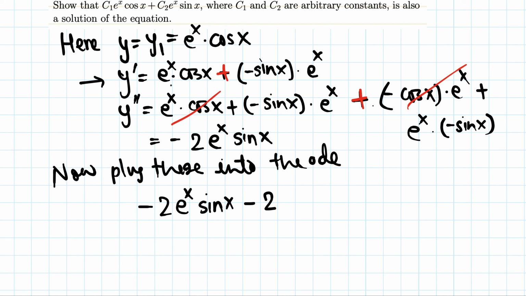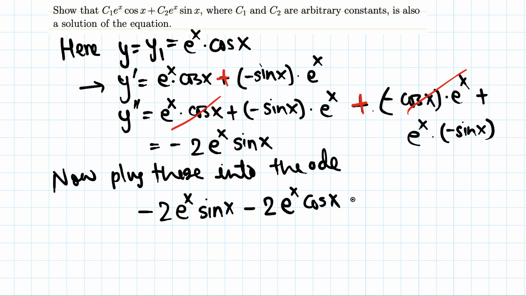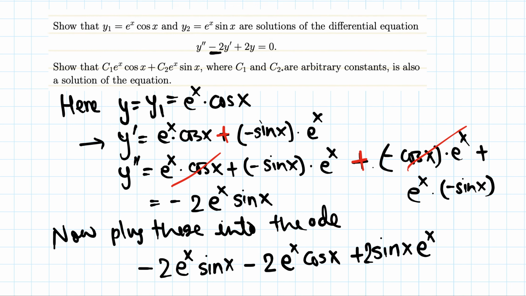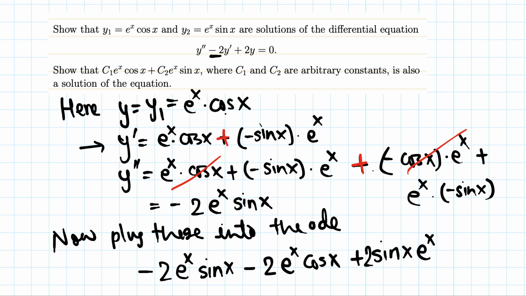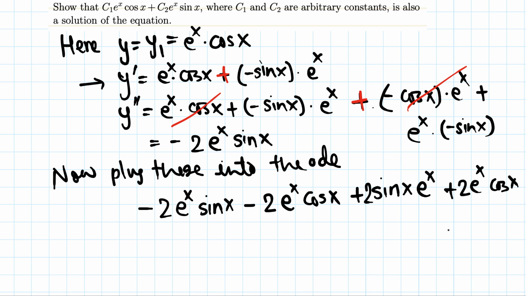Negative 2 times the first term, negative 2 times the second term, and the negative makes this positive: 2 sin x e^x and 2 e^x cos x. Plus 2y, plus 2 e^x cos x. And we are trying to see if this is equal to 0.